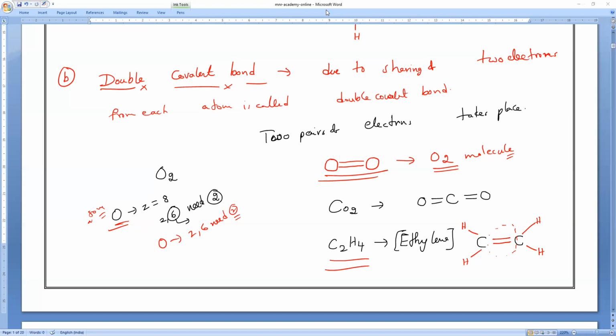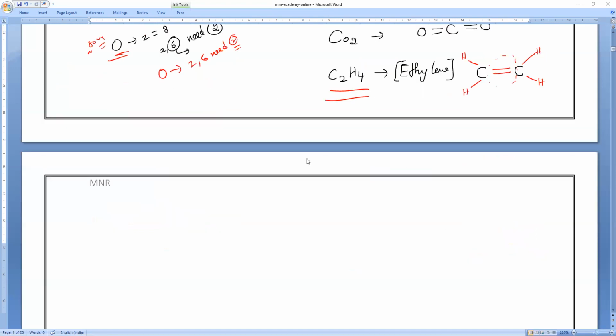Each bonded atom will share 3 electrons, so totally how many pairs of electrons? Triple, 3 pairs. So triple covalent bond.